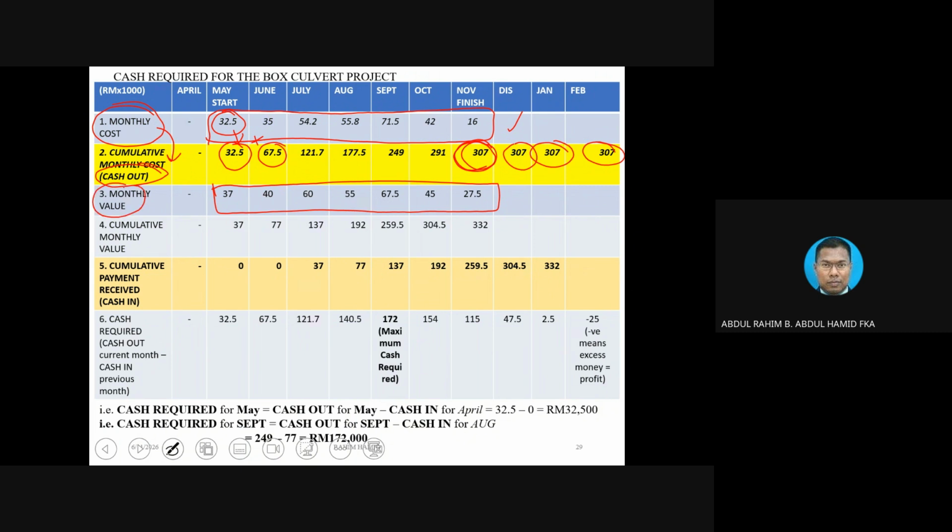Then we convert into cumulative, because whatever it is, the end result, cash in and cash out, must be on the same basis, a cumulative graph. Even though we start with the monthly, we then need to convert into cumulative.